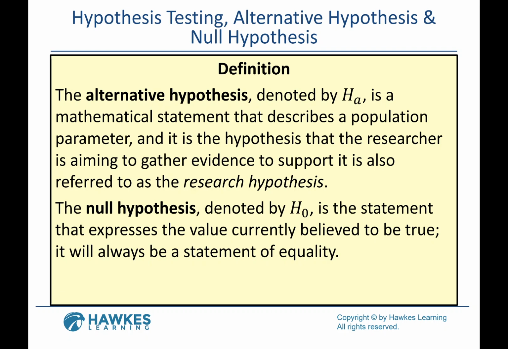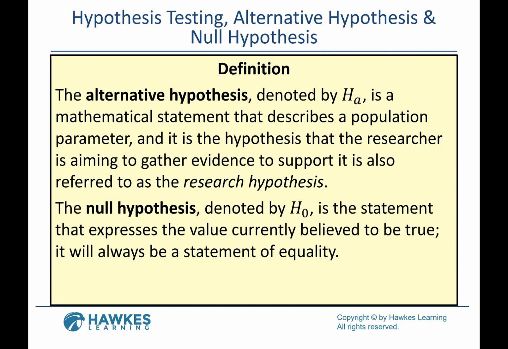The way things will be worded, the alternative hypothesis is usually the one that the researcher is trying to support. So we're doing research and we're trying to support our alternative hypothesis with our statistical evidence, with our data. Sometimes you'll see the alternative hypothesis called the research hypothesis.